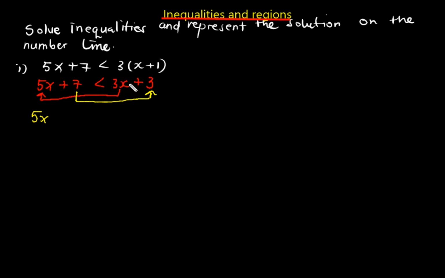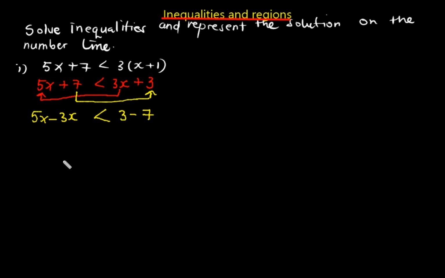Remember, 3x is positive. Therefore, when it crosses the inequality symbol it is going to become negative, and that is 3x is less than. Remember, 7 is positive, and when it crosses the inequality symbol, it is going to become a negative. Therefore, it is 3 minus 7.